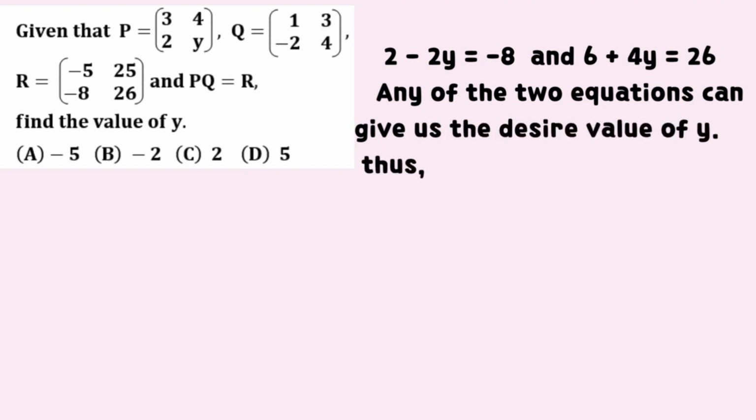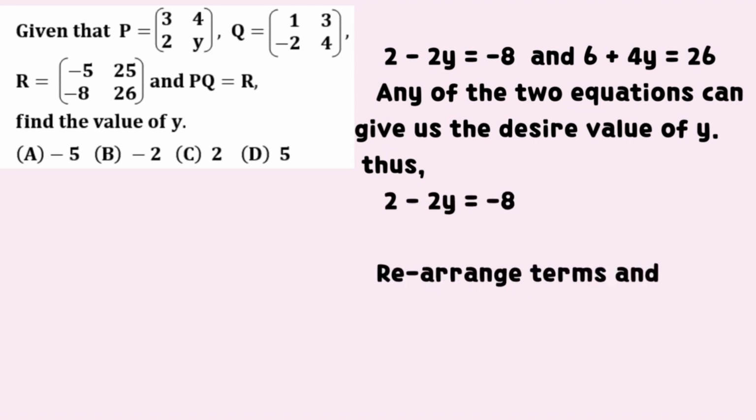Any of the two equations can give us the desired value of y. Thus, we use the first equation. That is, 2 minus 2 times y equals -8. Rearrange terms and combine like terms.